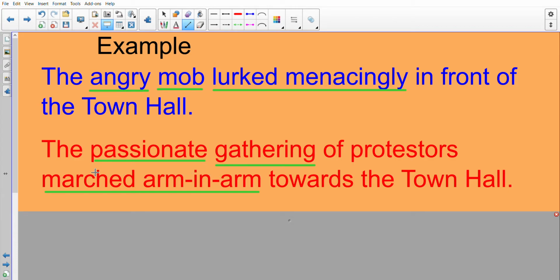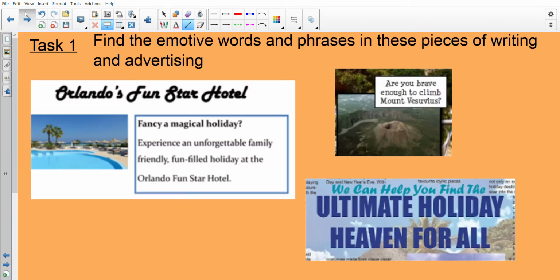So very different language to describe very similar things. So we can see this one here is portraying these people as a really bad, dangerous group of people up to no good. This one here describes them as people fighting for a good cause, doing the right thing, coming together and fighting for their rights, okay? So these are all examples of emotive language. They just get you to feel a certain way.